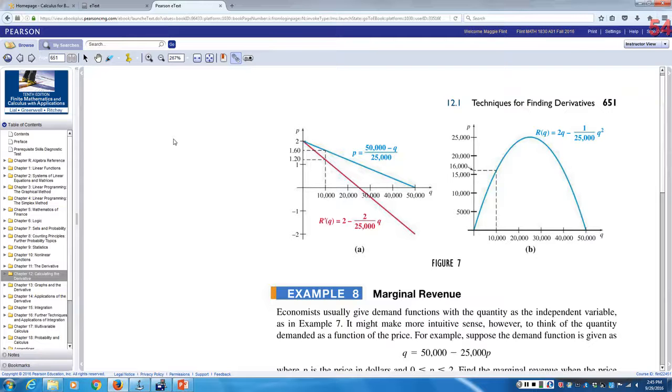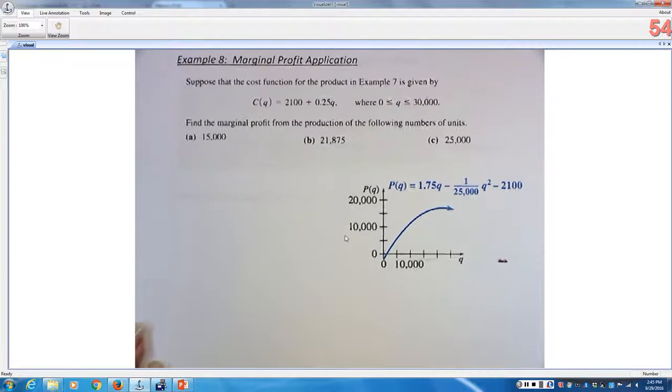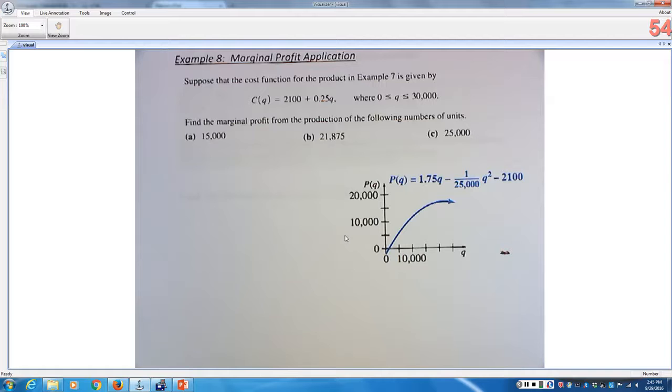Okay, and then we're going to look at example 8, and I've got it on the projector. And you've got it in your notes. It says, suppose the cost function in example 7, so don't put that page away, because we're still going to need one of those functions.